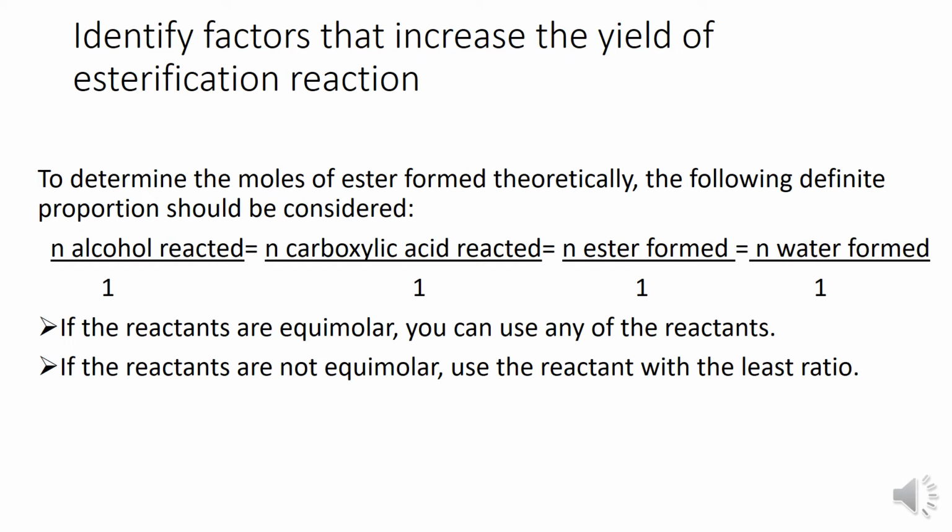Now, if the reactants are equimolar or they are in a stoichiometric ratio, you can use any of the reactants to calculate the number of moles of the ester formed theoretically. But if the reactants are not equimolar or they are not in stoichiometric proportion, use the reactant with the least ratio. Let's take an example.